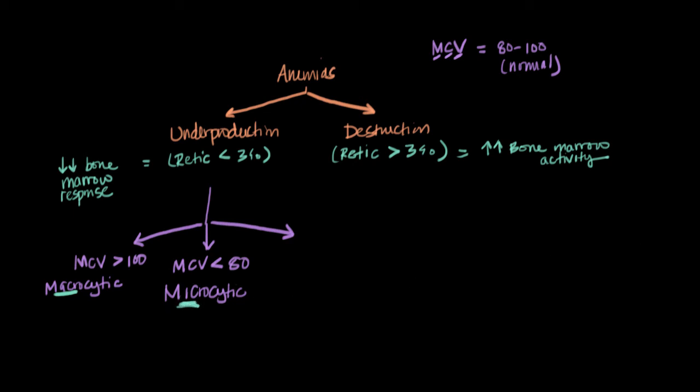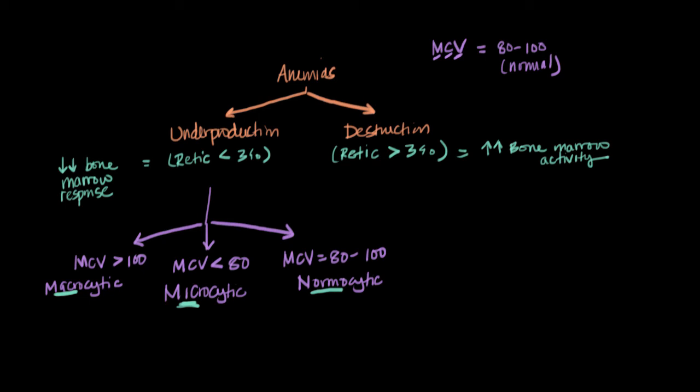So these are small red blood cell anemias. And then finally, the group of normal size red blood cells, that's the MCV of those cells falls between 80 and 100, right? So right within the normal range. And these are called normocytic anemias. So normal red blood cell size anemias.